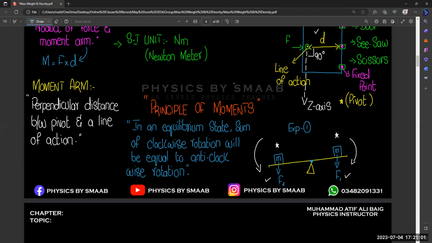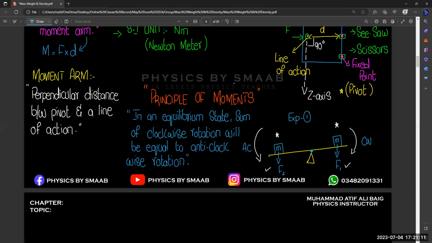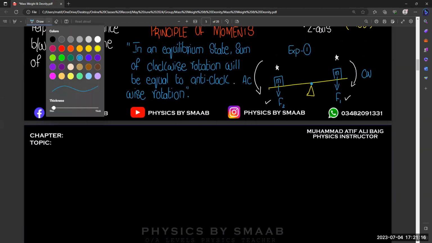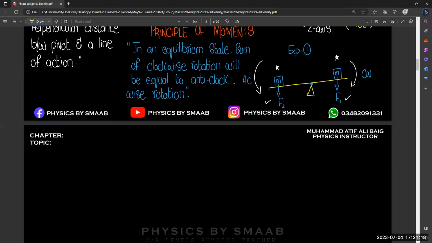One object tries to rotate the seesaw in the clockwise direction, and the other anti-clockwise. So the equation of the principle will be: the moment acting in the clockwise direction is equal to the moment acting in the anti-clockwise direction.